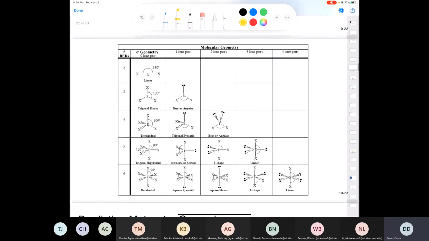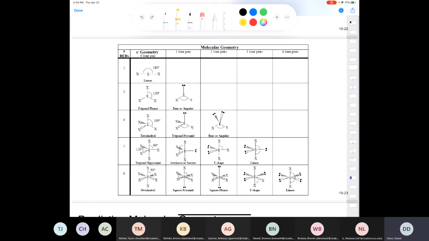I just want to back up here. This is a table I took from an earlier General Chemistry 1 class that I taught a couple of years ago, and I thought this is a really good table that covers molecular geometries and electron geometry. It says molecular geometry at the top, but it can mean molecular geometry or electron geometry, because you see here that we have two lone pairs, for example, in square planar.